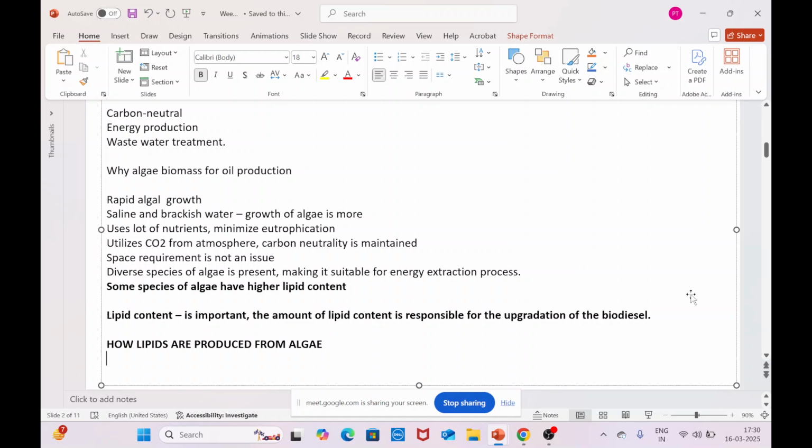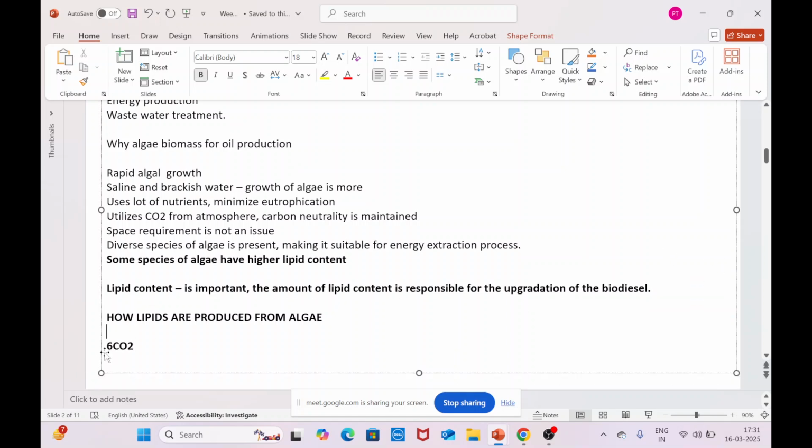Here, as we discussed, algae takes up CO2 as well as H2O, and the typical photosynthesis reaction takes place. I hope everybody has an understanding of that.